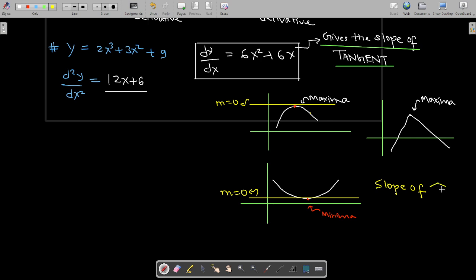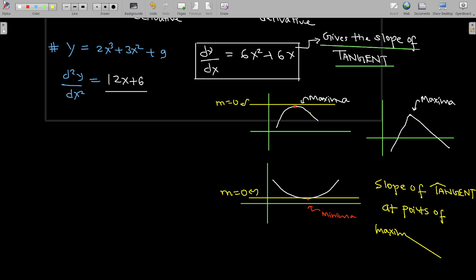The slope of the tangent at the points of maxima and minima is 0. Yeah, I understand that.